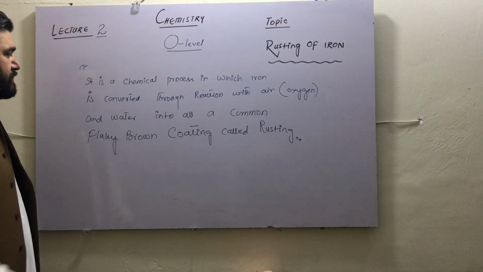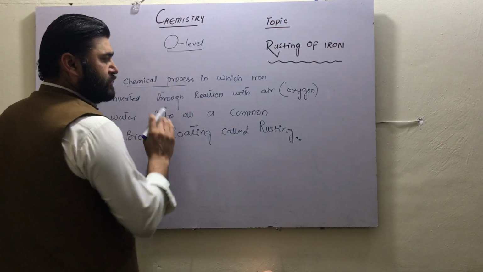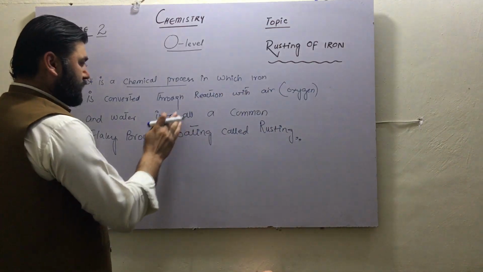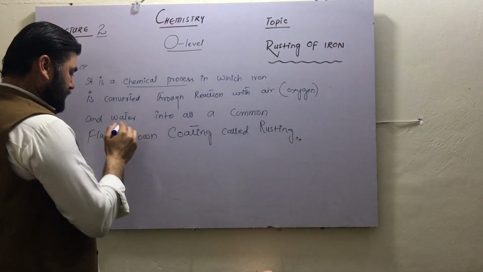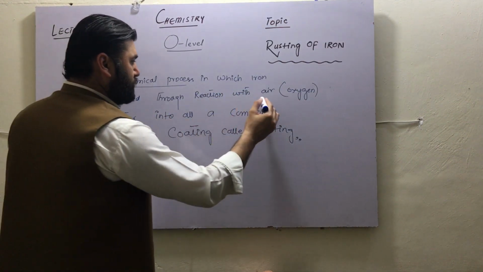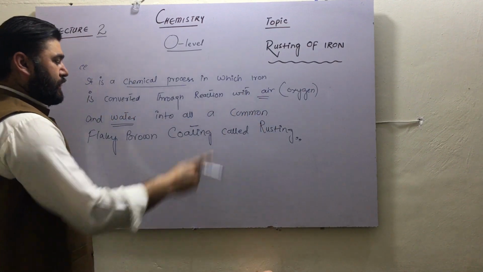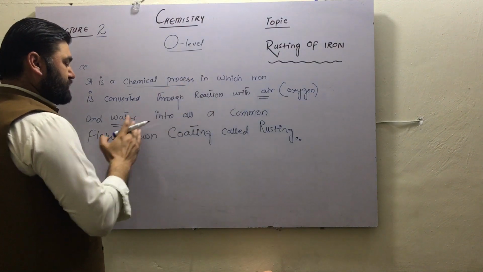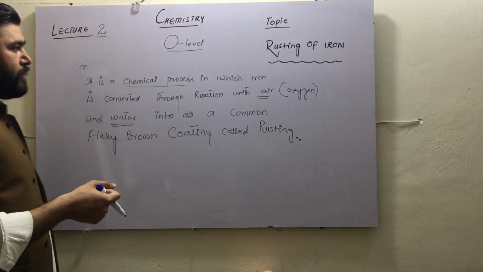What is rusting? Rusting is a chemical process in which iron is converted through reaction with air, oxygen and water. These two elements are important. I just underline it. Air and water both are important for rusting. These two substances will react with the iron to form rust.